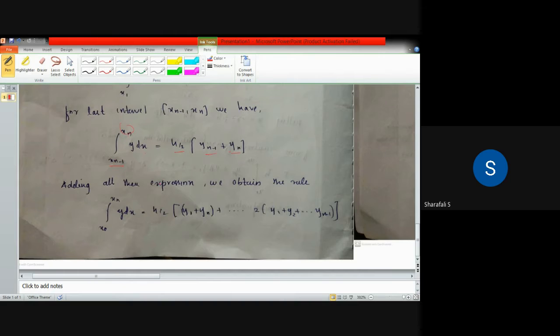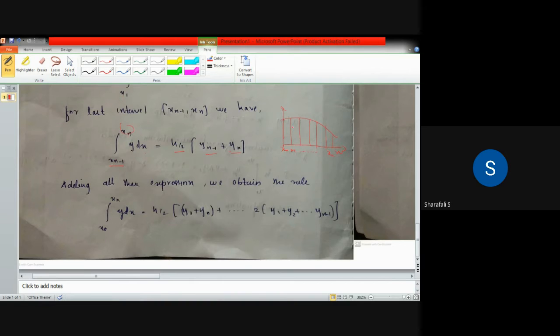Okay, so if you add all those values, what you are doing is considering that curve and making different intervals like this. This is your x-axis, this is your y-axis, and this is x0, this is x1, x2, etc. up to xn.